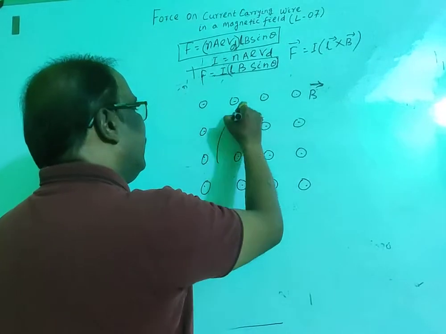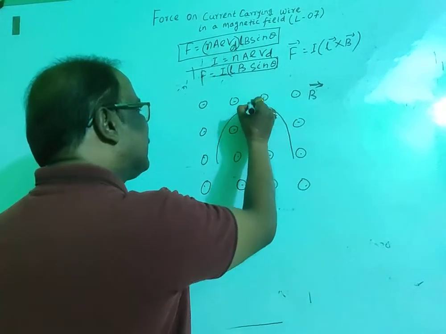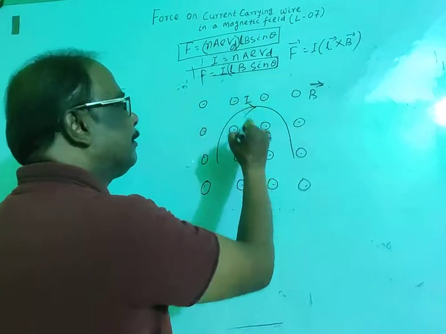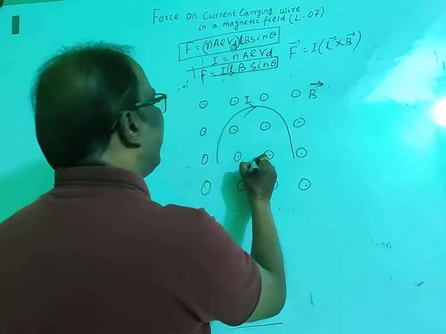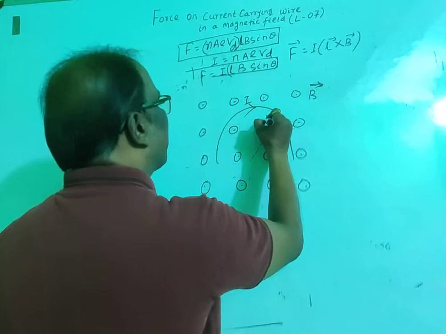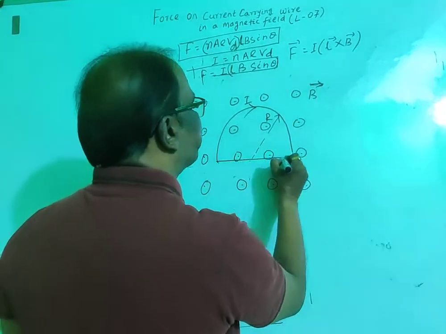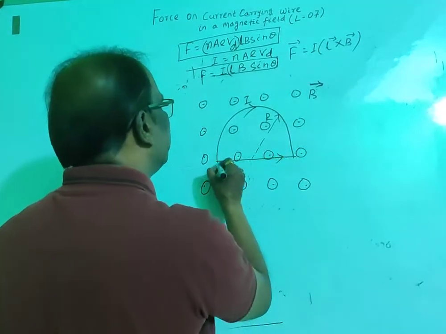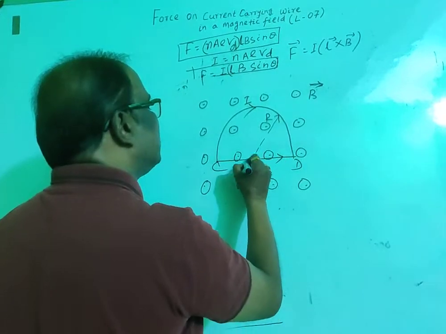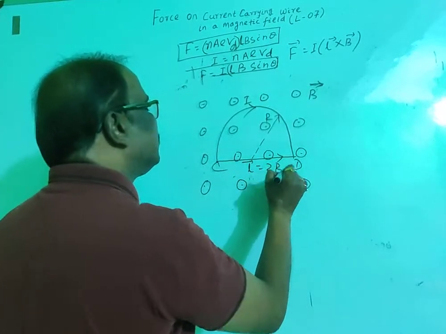A semicircular wire is kept in the magnetic field, current flowing is I, and the radius of the semicircle is R. The sum of elemental lengths from C to D is L, and L is equal to 2R.